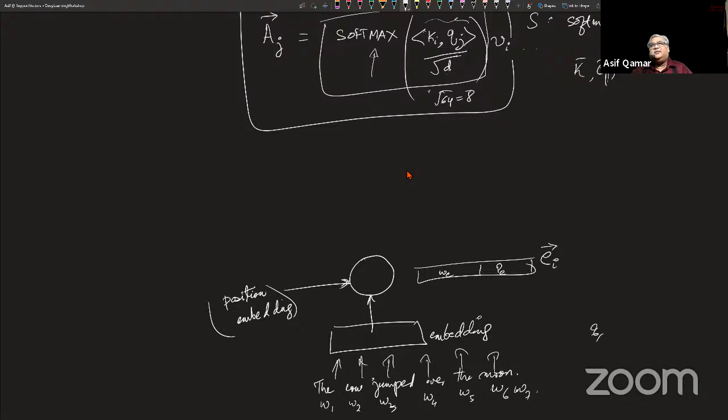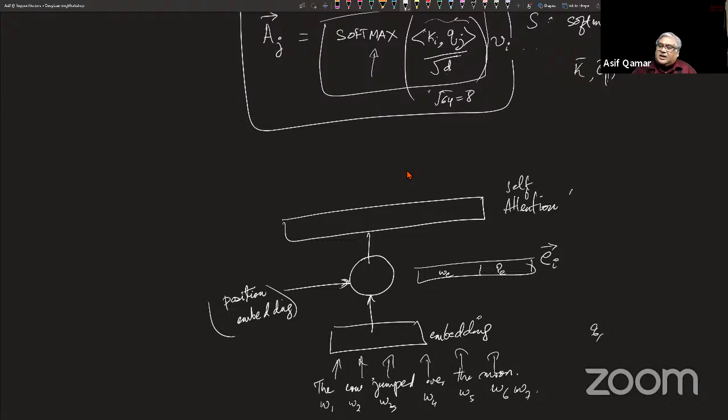And then comes the interesting part. The interesting part is it goes through this so-called attention layer, or self-attention layer. What it does, in simplest form, is multiply these values. It will take a word.